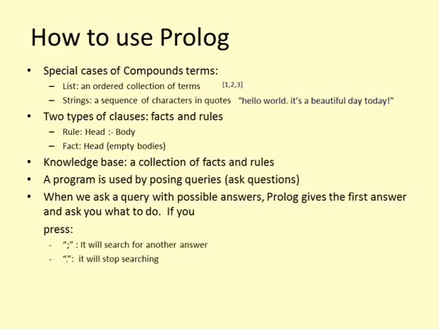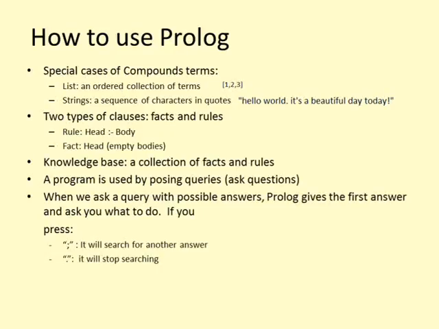Prolog programs describe relations defined by clauses. There are two types of clauses, facts and rules. A rule has this form: head :- body. This is read as head is true if body is true. Clauses with empty bodies are called facts. Facts are used to state things that are unconditionally true of some situation of interest.